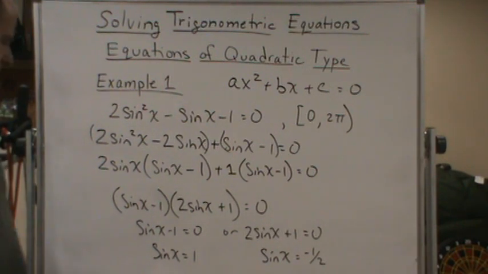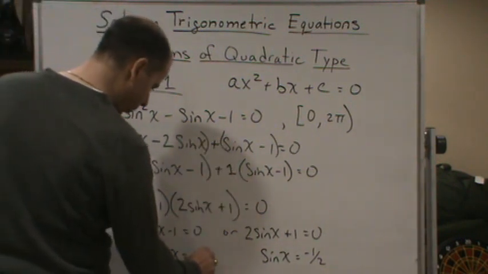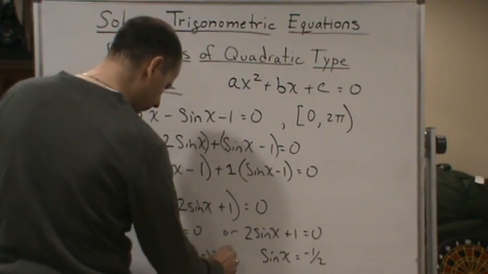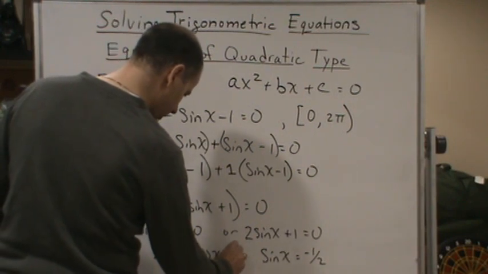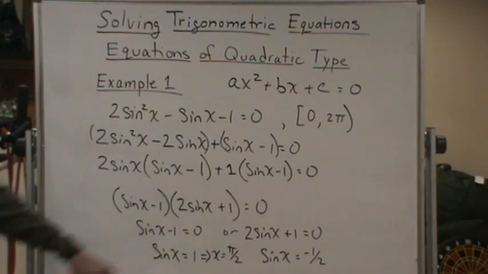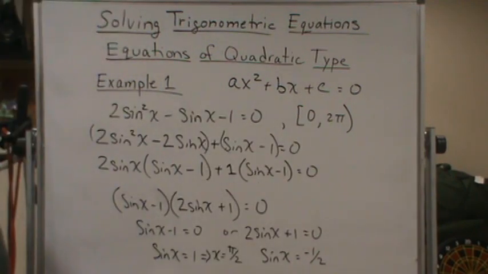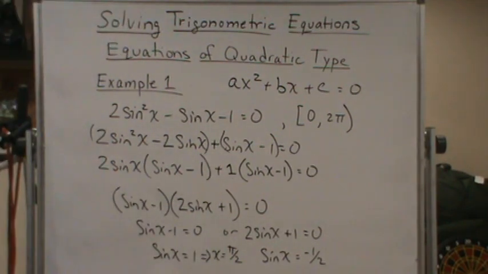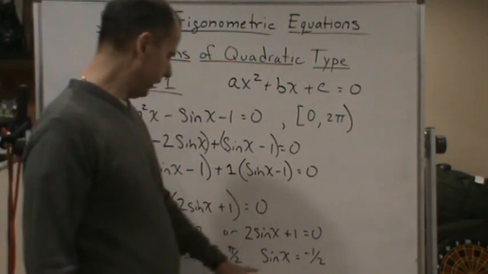So when is sine equal to 1? It's only going to be equal to 1 when x is equal to pi over 2. Remember, from 0 to 2 pi, it's only equal to 1 at pi over 2.